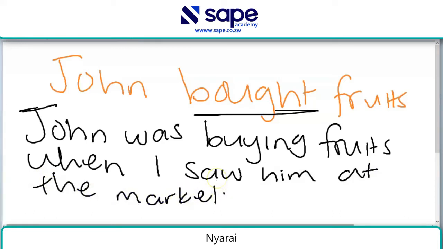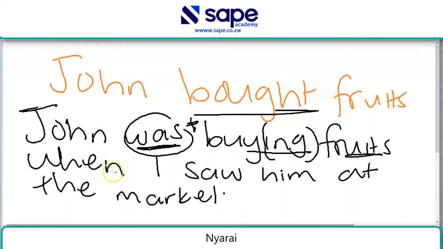All right. So here, for our sentence to make sense, we need the verb was plus buying, right? We always add ing to show that this is the continuous form. So we have John was buying fruits when I saw him at the market.